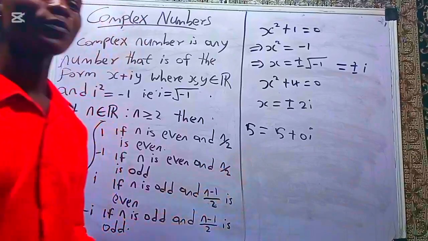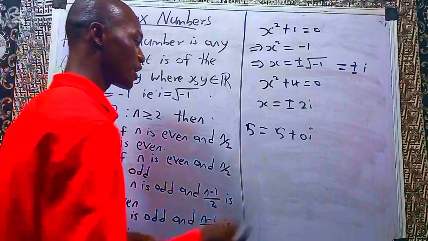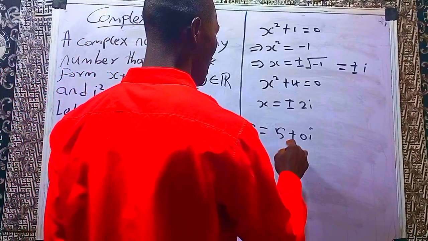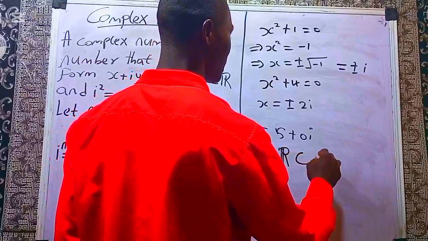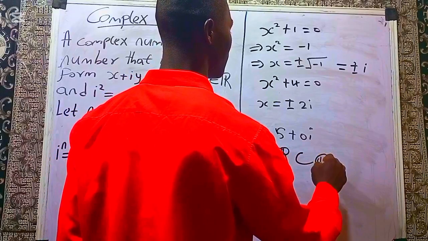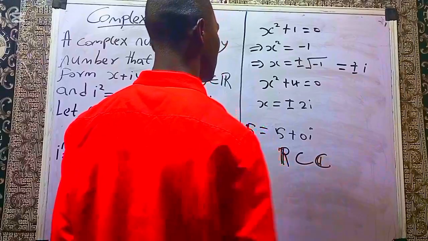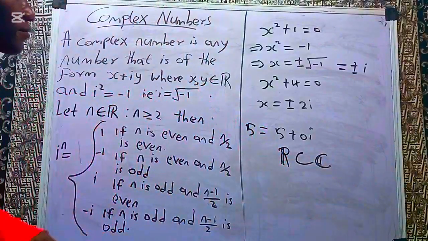So every real number is what? A complex number. This shows that what? R, our real numbers, is inside the complex numbers.